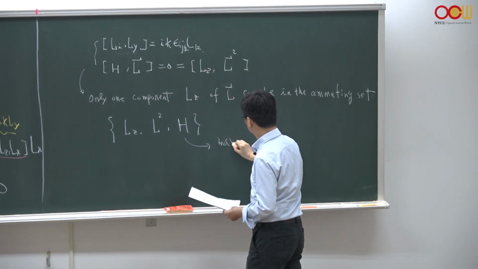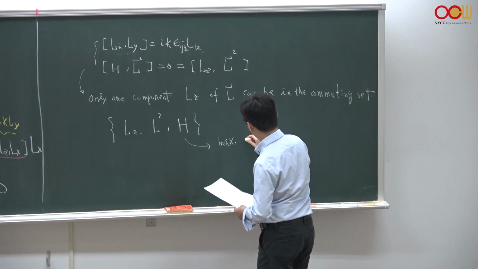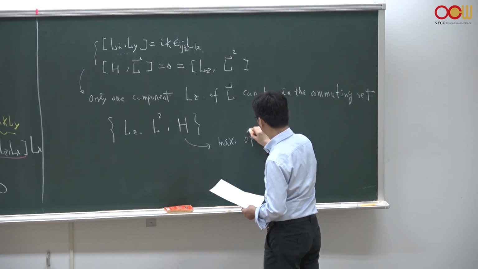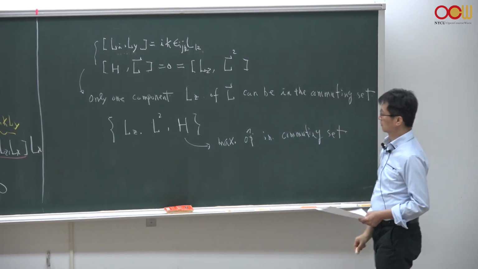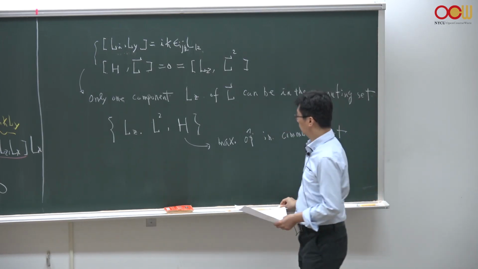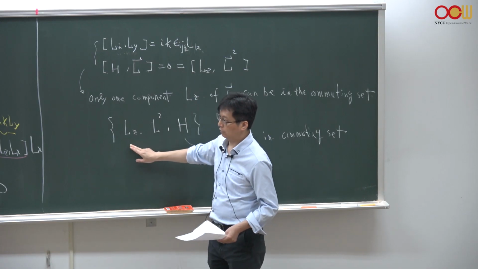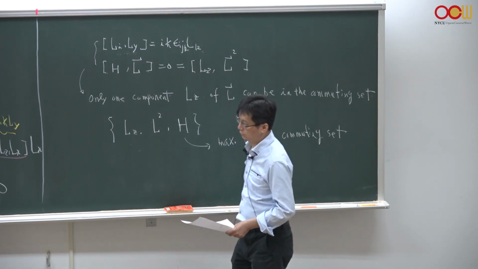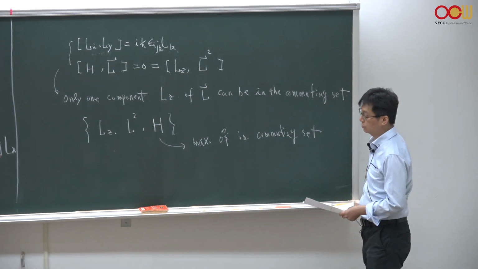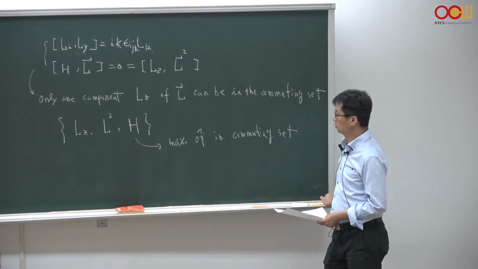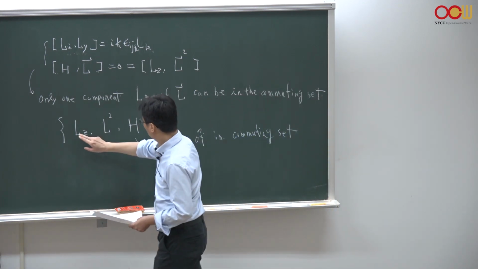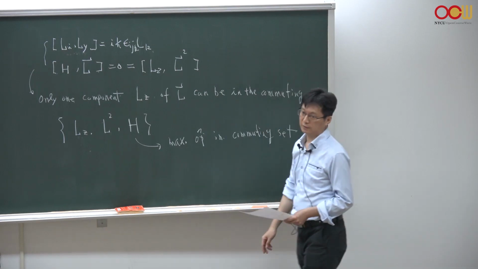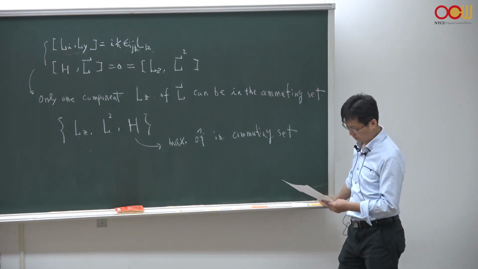This is the maximum number of operators in the commuting set. And you cannot include Lx or Ly in this 3-operator commuting set because, as I mentioned, Lx does not commute with Lz, and Ly does not commute with Lz either. Only these 3 operators commute with one another.